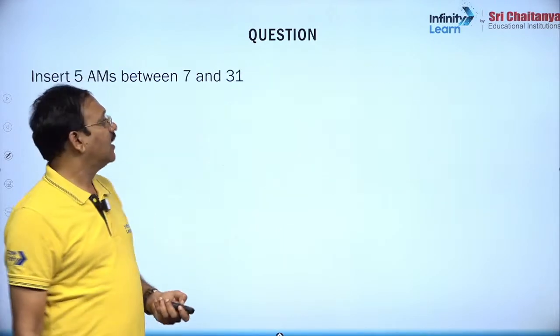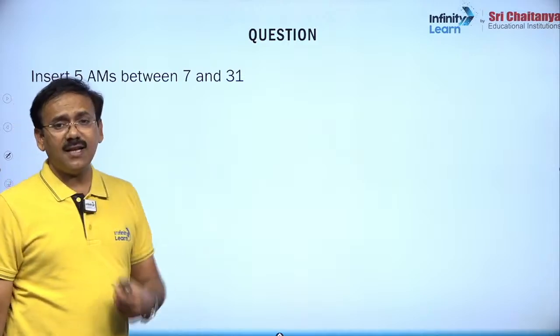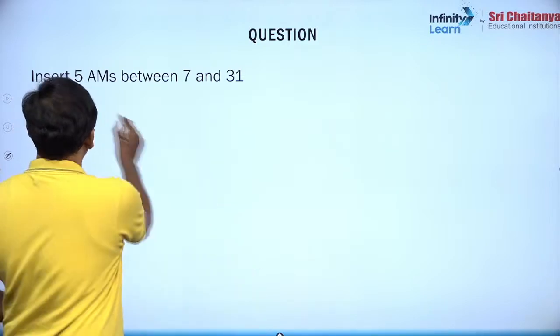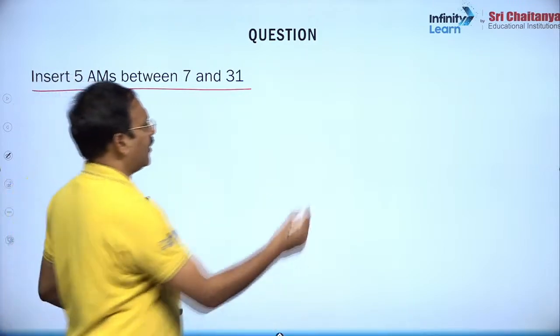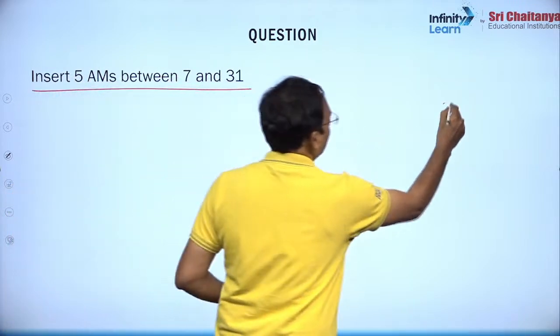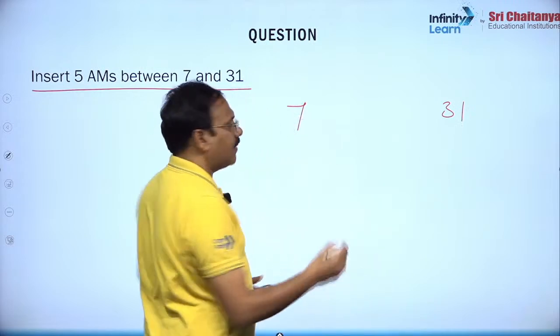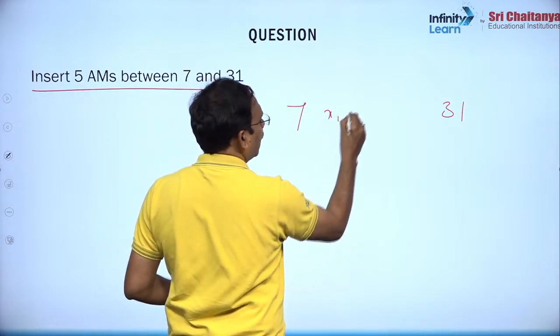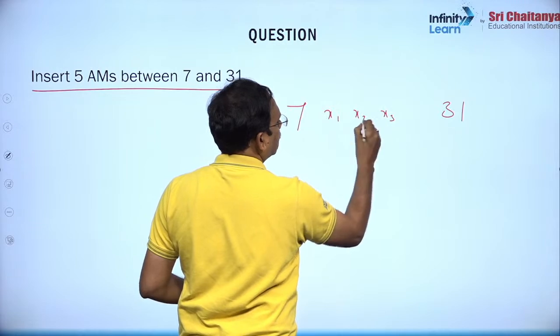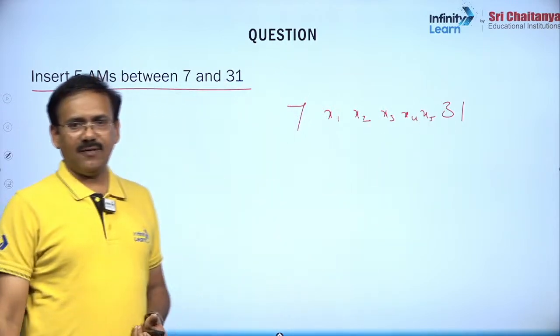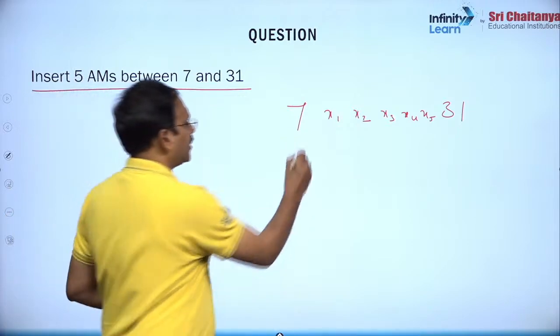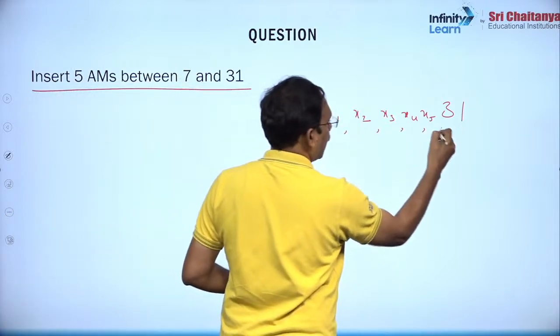Right, dear students. Next, you see, inserting arithmetic means. What do you mean by insert 5 arithmetic means between 7 and 31? My dear friends, between 7 and 31, inserting 5 AMs means you write 5 numbers x1, x2, x3, x4, x5, and these numbers will be in AP.